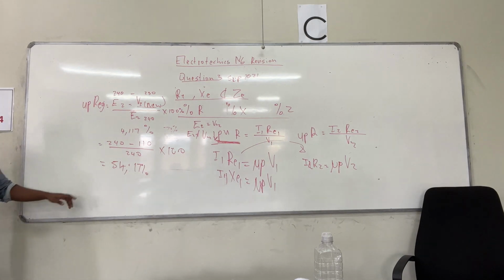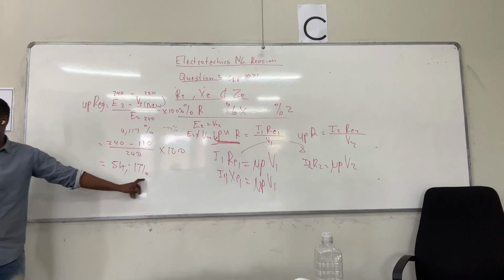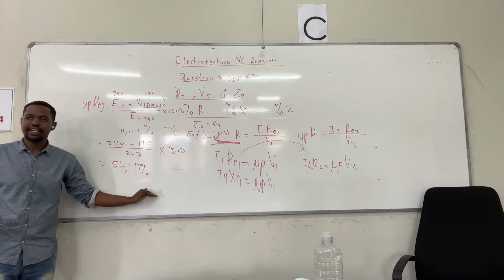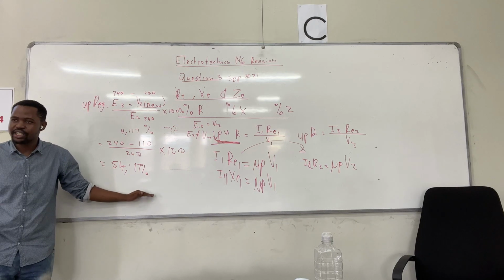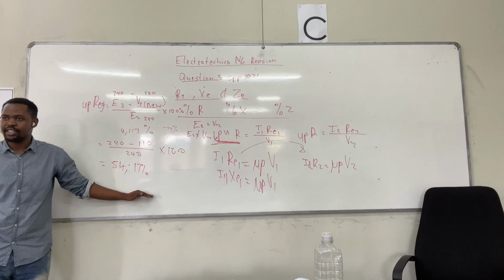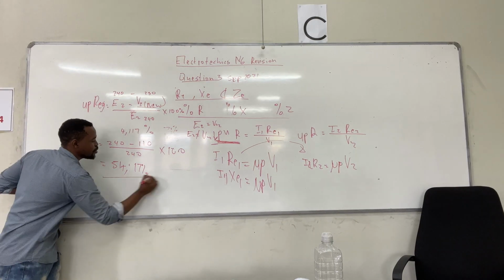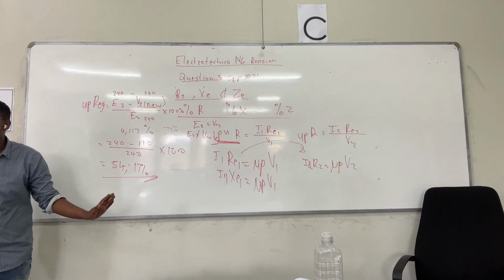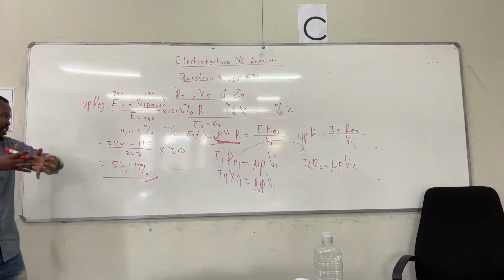Guys, you see that the higher the percentage of your voltage regulation, that means the transformer has poor voltage regulation. We don't want a transformer with a high voltage regulation percentage. Basically there is a threshold.